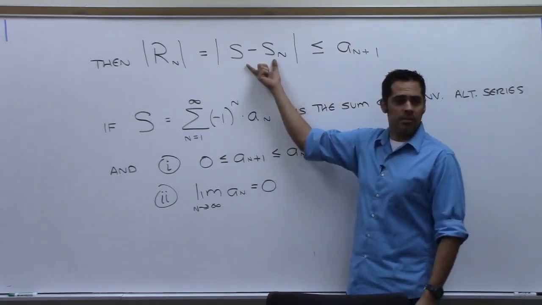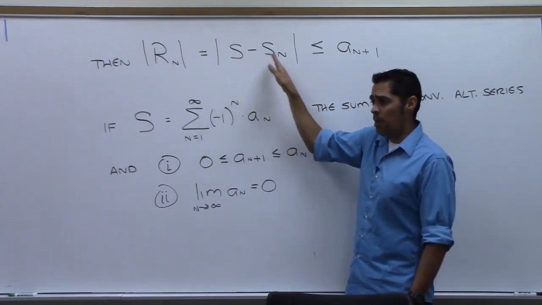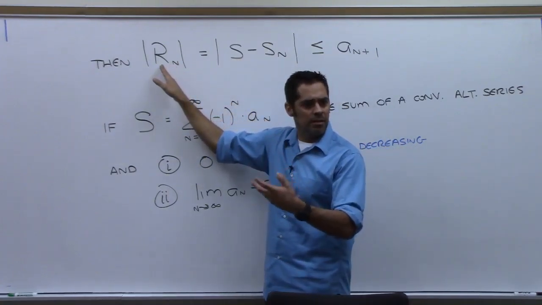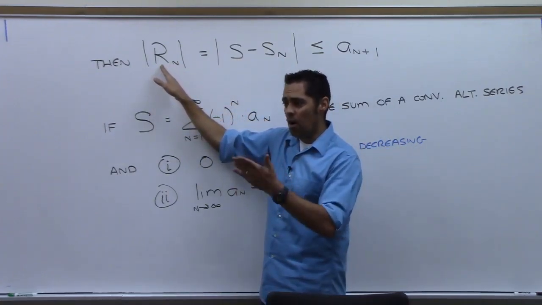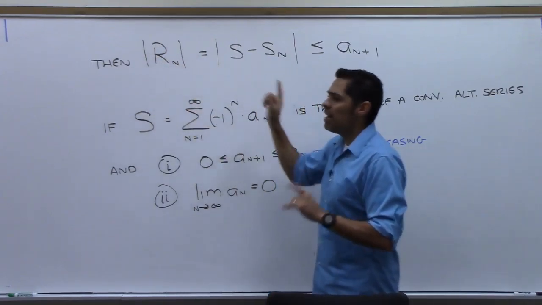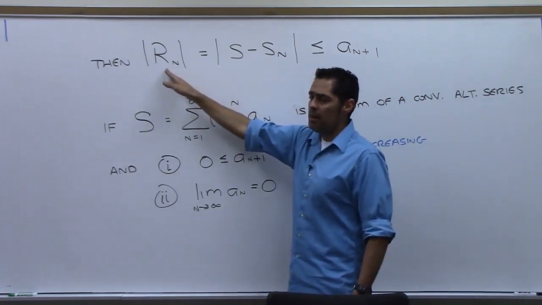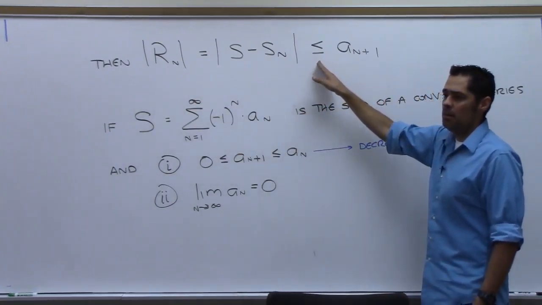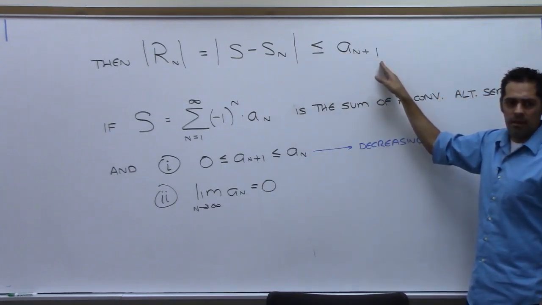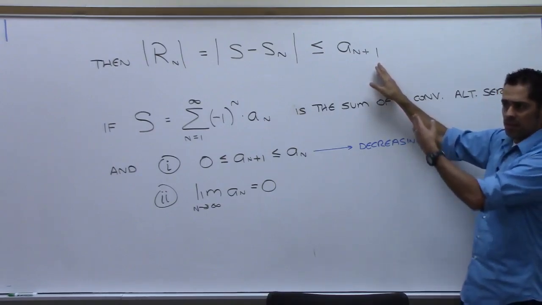This is that difference between the true sum and a partial sum, which we will call the remainder, the part that we're off by. We're guaranteed through this theorem that how much we're off by must be smaller than a sub n plus 1. That's crazy that this works, but that's why it's a theorem. It's been proven that this is true.